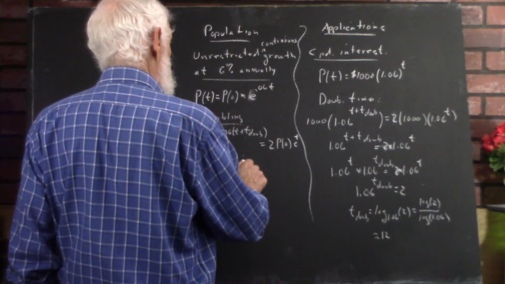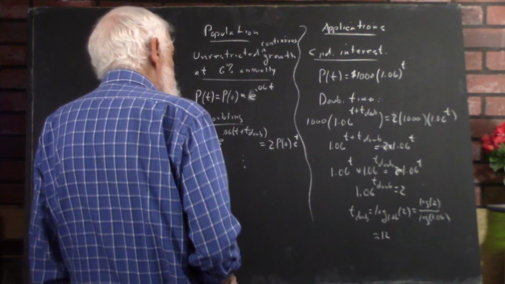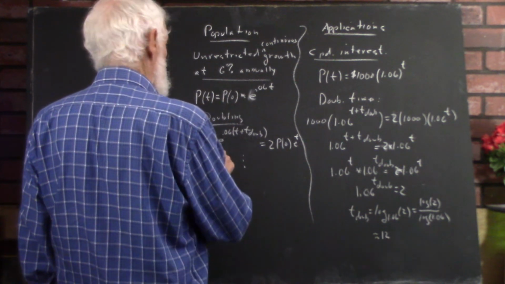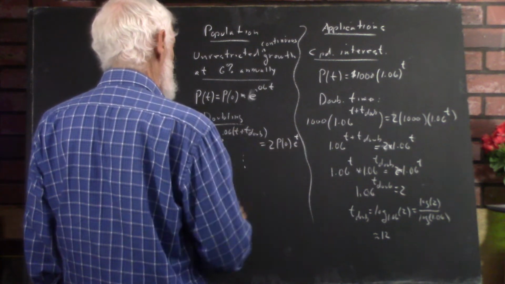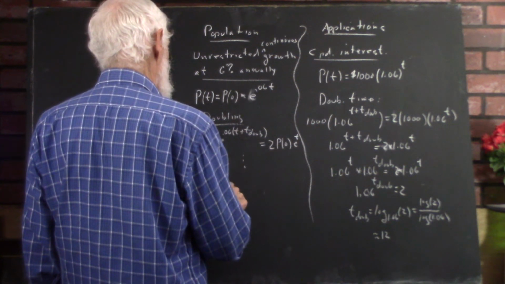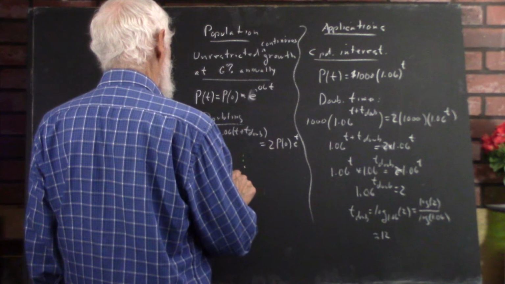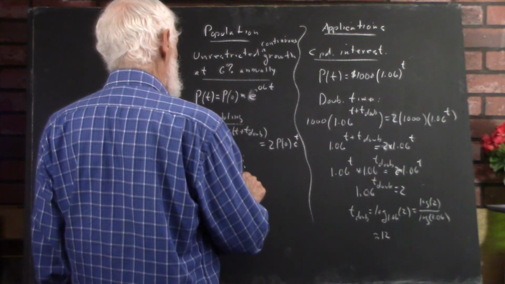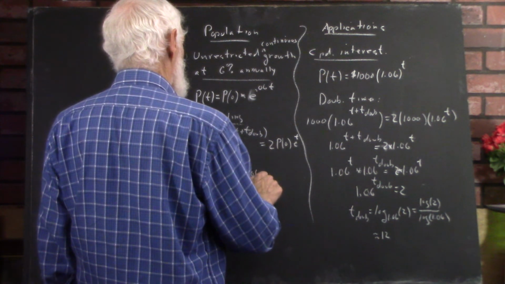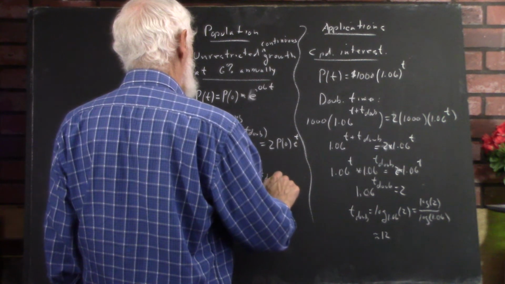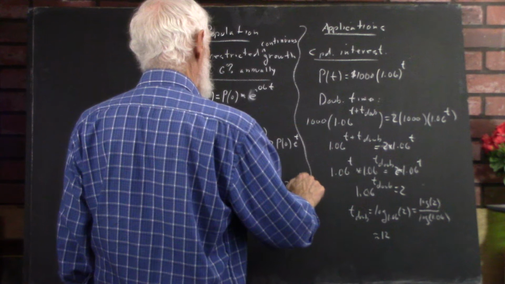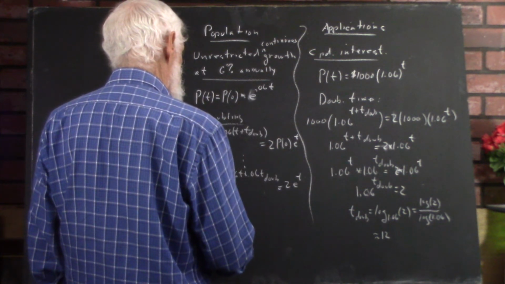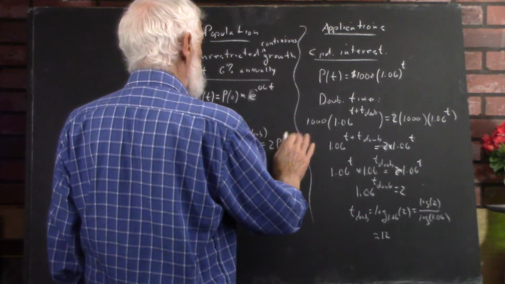Well, you do the arithmetic on this, and you again end up, the P of 0 divides out, you end up with this equals 2 times this. You get e to the 0.06t plus 0.06t dub equals 2e to the 0.06t.